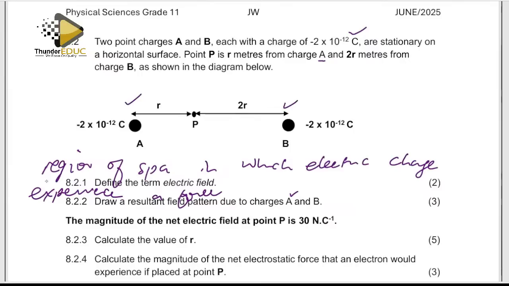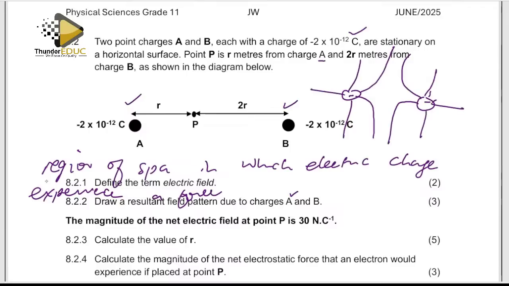So they're going to be repulsion. Okay, repulsion. So the field lines should be coming in just like that.